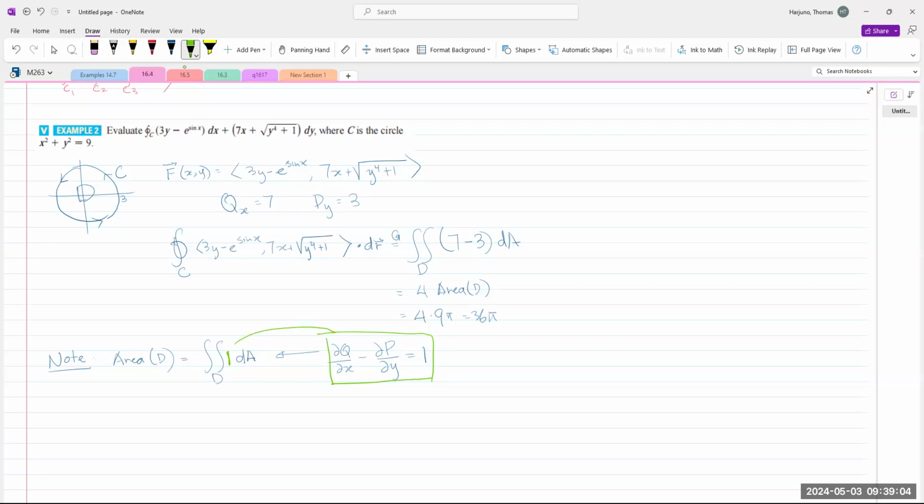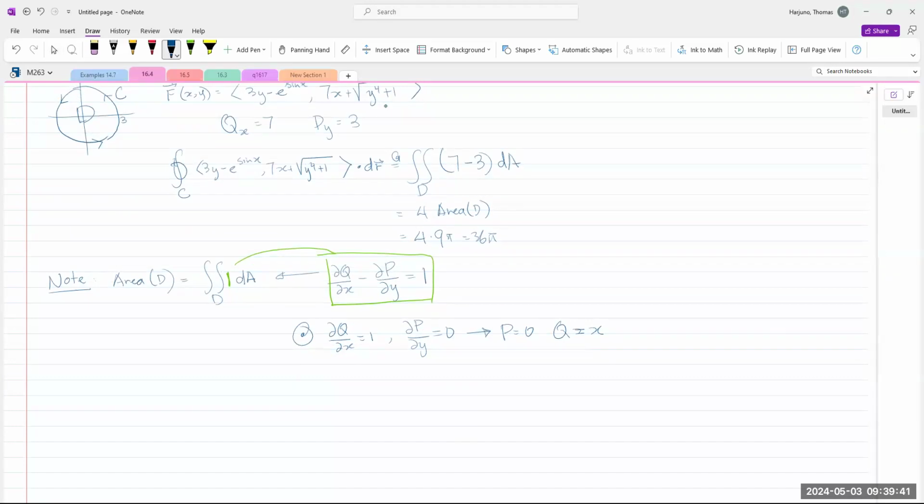Now, this difference may become 1 in a lot of ways, but one way is to say that ∂q/∂x equals 1, but ∂p/∂y equals 0. That will make it, right? Okay, but if that's the case, it means p equals 0, q equals x.